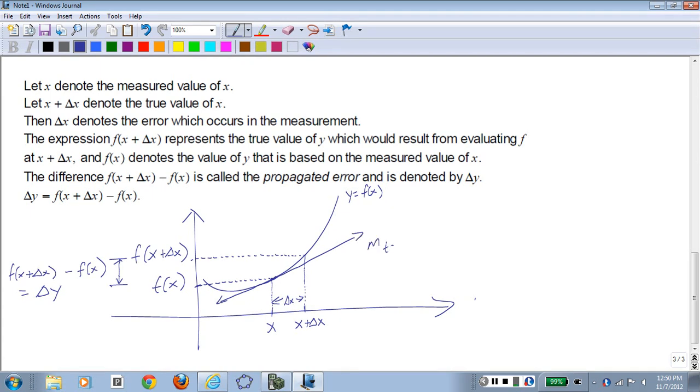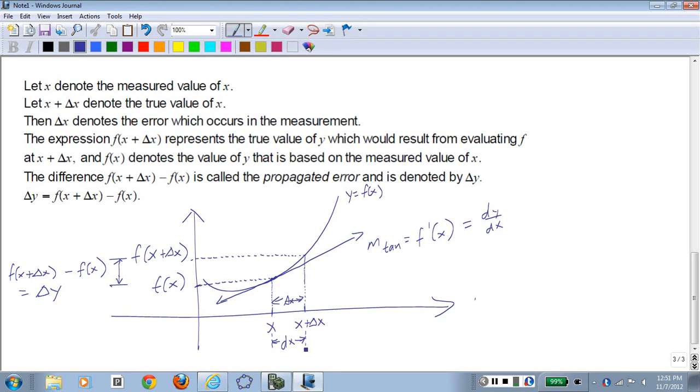M sub tan equals f prime of x, or dy dx. So this is delta x in between there, but we could also regard it as dx. Dx and delta x throughout this section are going to be exactly the same.